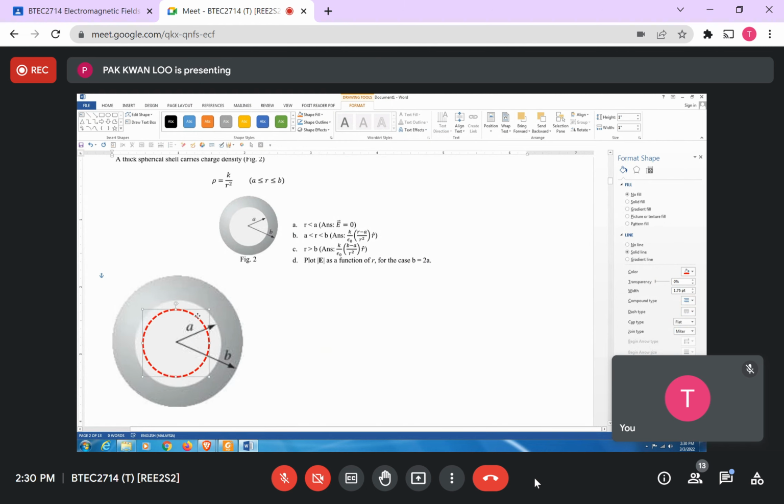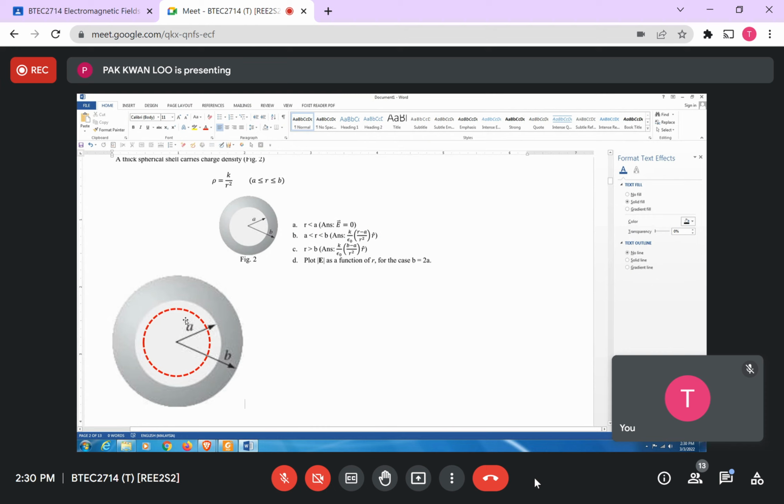so this red dash circle represents the Gaussian surface. If we define it inside, there's nothing enclosed, right?